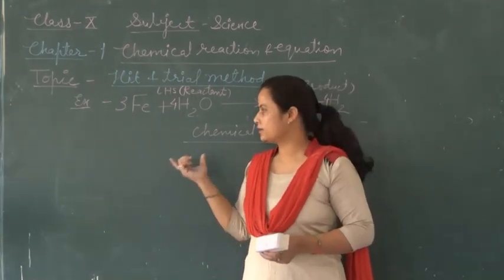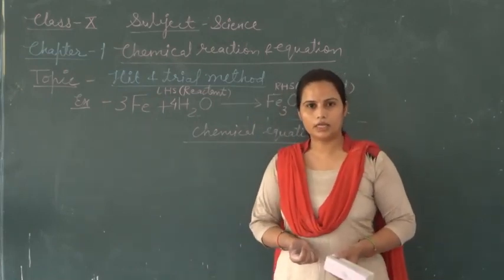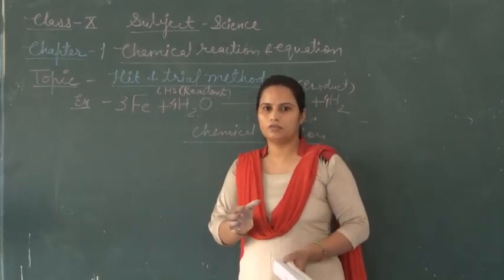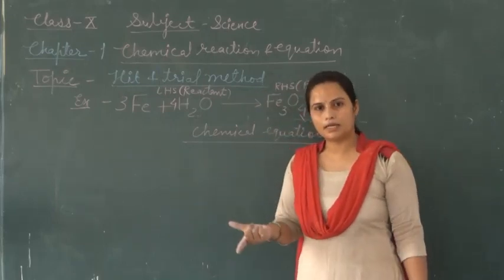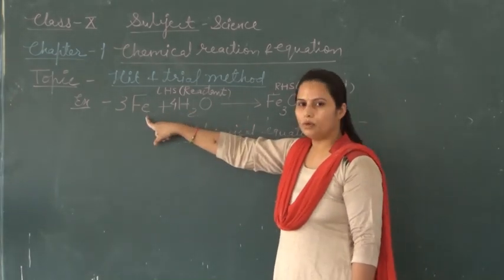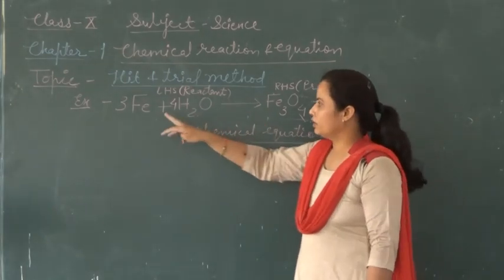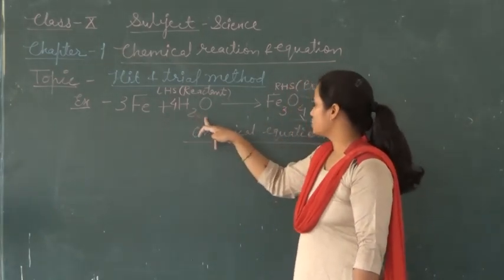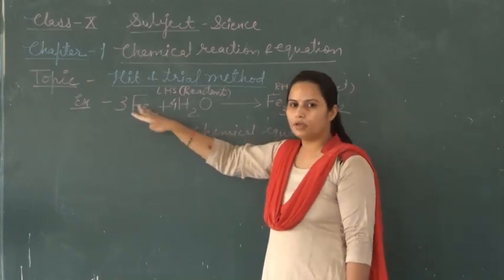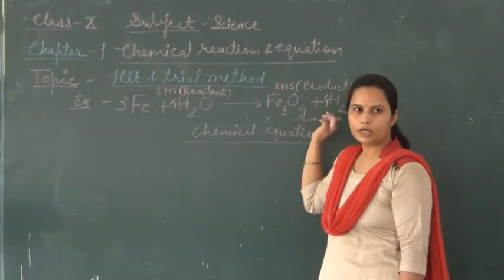A word equation, as I told you, like burning of magnesium ribbon or combustion of natural gas, is written in words. A skeletal imbalanced equation, whenever it is balanced and written with symbols, is called a chemical equation. We balance Fe plus H2O with Fe3O4 plus H2 like this: 3Fe plus 4H2O will be Fe3O4 plus 4H2.